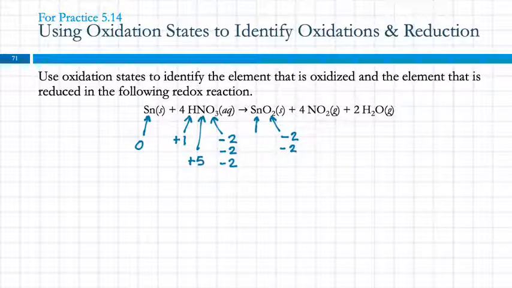What's the charge on that tin ion? +4. So its oxidation state is +4. If you have charges, use them. Those are the oxidation states. For these, because they're neutral molecules, it adds up to 0. When we have a polyatomic ion like sulfate, SO4 2-, then they all have to add up to -2.